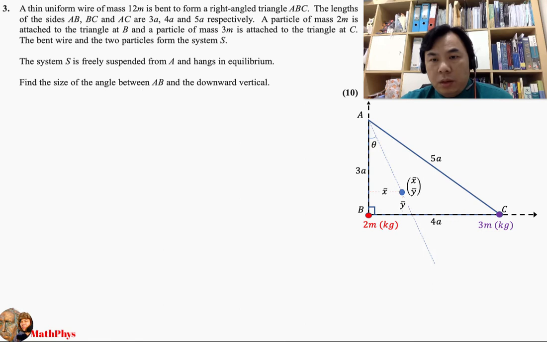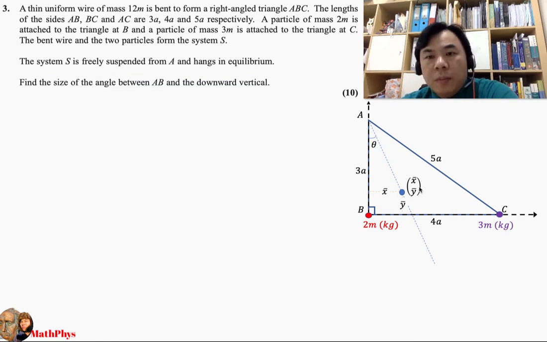It will be located roughly something like this, where x bar is a vertical distance measured from the line AB, whereby y bar is a vertical distance measured from line BC in this case. So from here, we will be able to obtain the center of mass x bar and y bar itself.